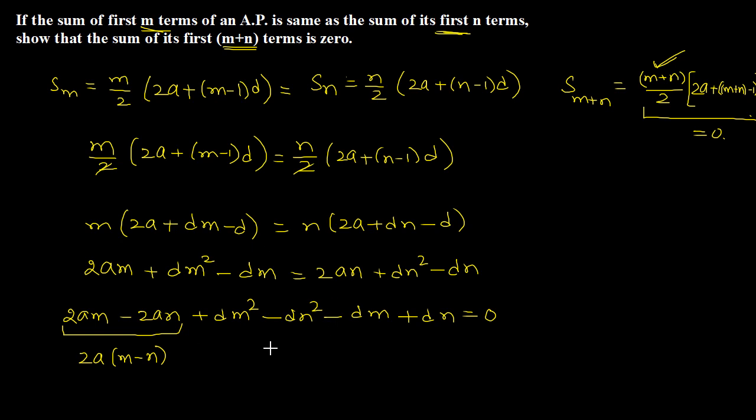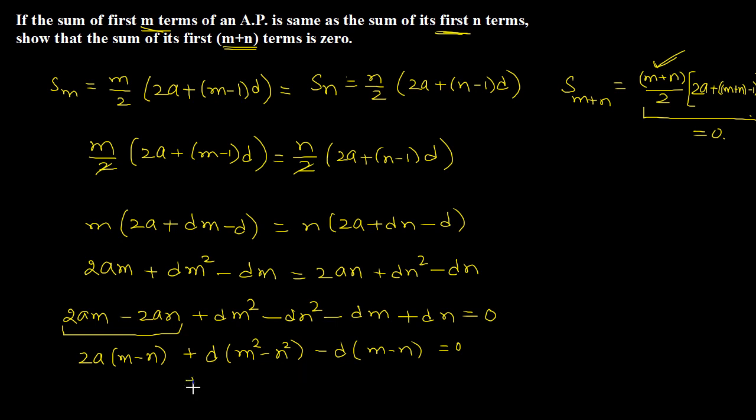Then I can take d common, leaving m square minus n square. If I take minus d common, I get (m minus n) equals 0. Let's verify our steps: 2am minus 2an plus dm square minus dn square minus dm plus dn. Okay, that's good.